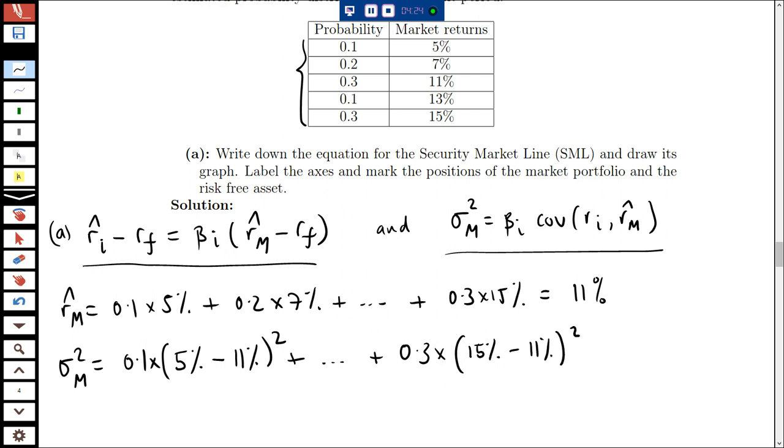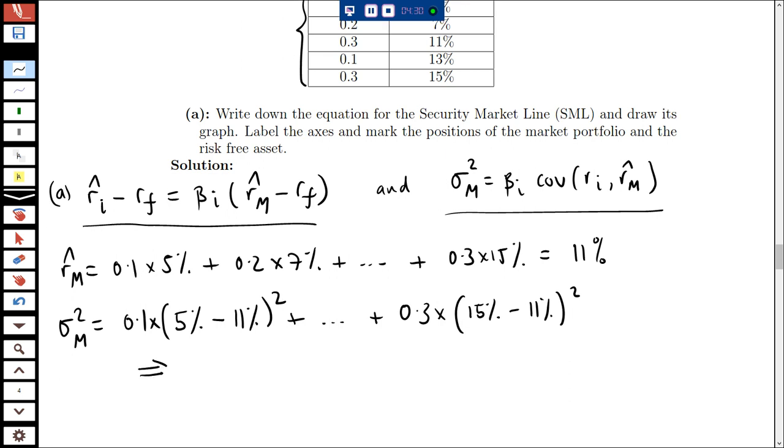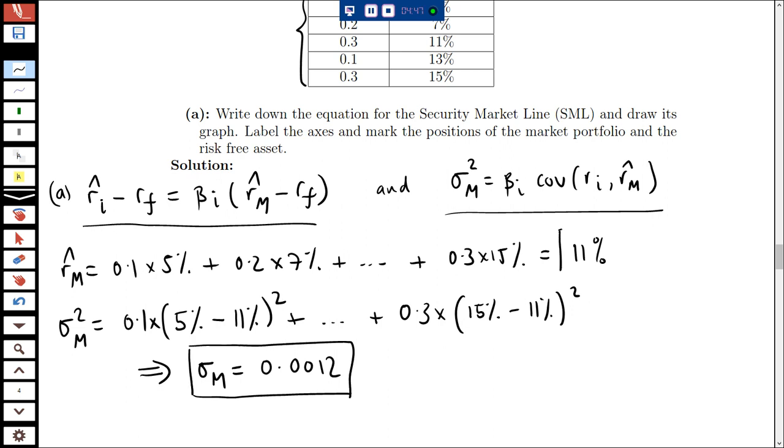The usual definition of the variance, which will give the market risk of, I make it 0.0012. Okay, we got that out of the way.